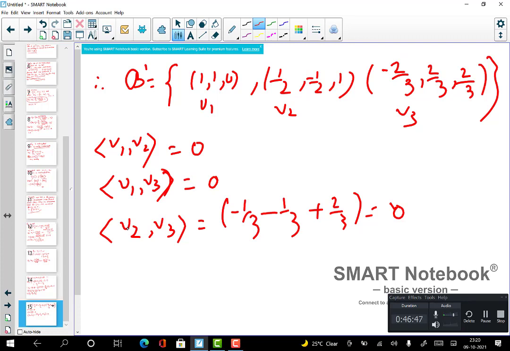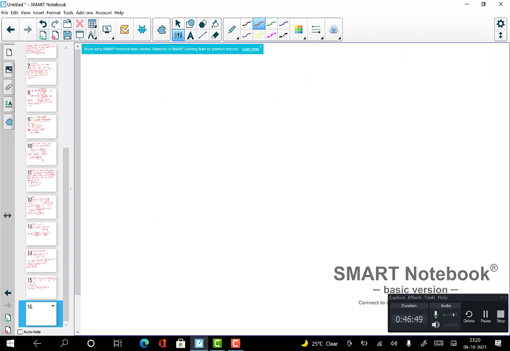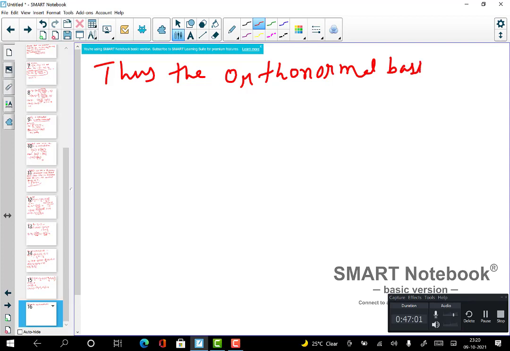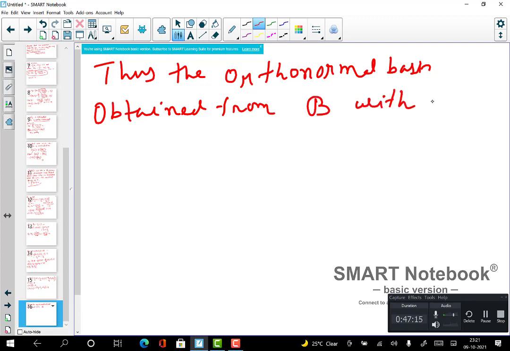Thus the orthonormal basis obtained from this beta with this Gram-Schmidt method.